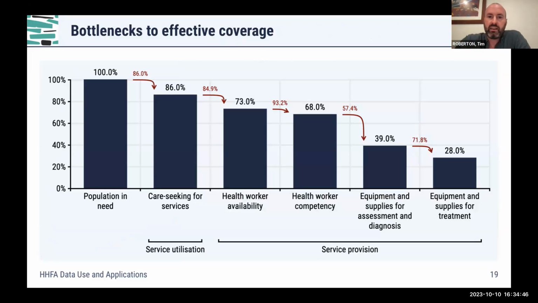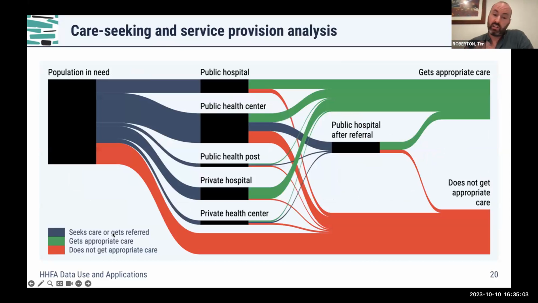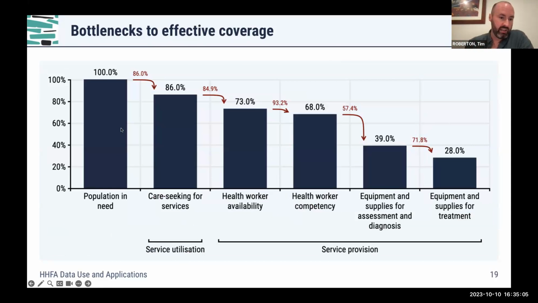So some of you may have come across or be familiar with the literature or thinking on effective coverage. And in that field, people present effective coverage as a sort of cascade. So the idea is that on the far left, we have a certain population in need.